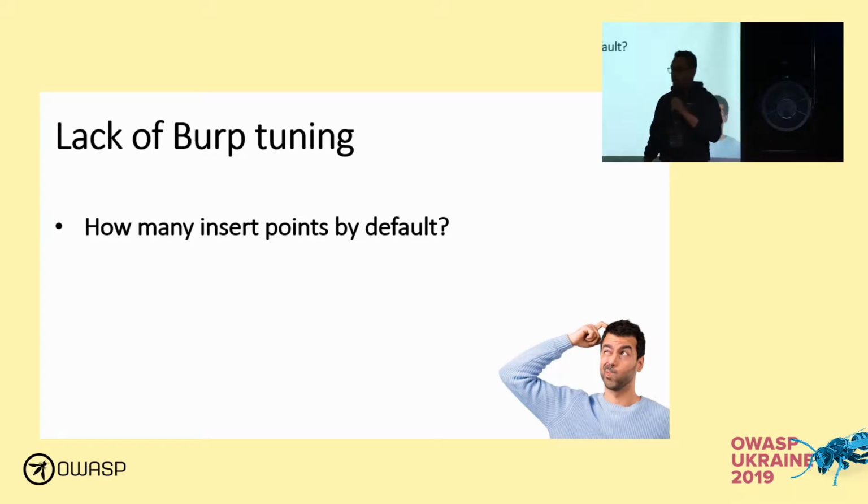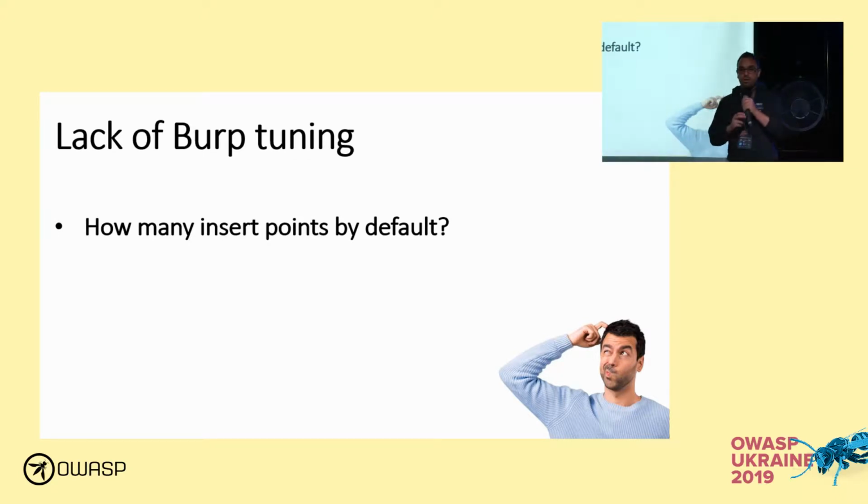So let's start with some questions about Burp. Do you know how many insertion points there are by default in Burp? So guys, the number of insertion points by default in Burp is 30, okay?